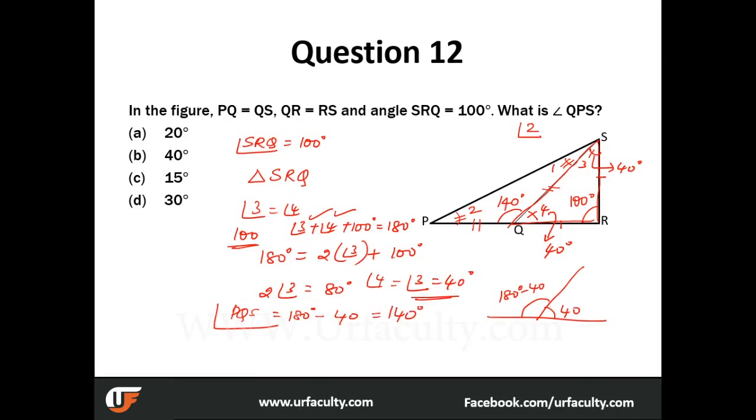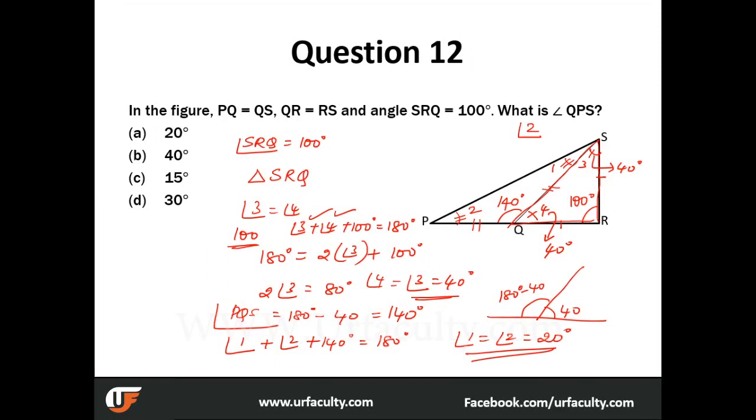If this is 140, we are left with angle 2 and angle 1. Both of them we know are equal. So angle 1 plus angle 2 plus 140 is equal to 180 degrees. Therefore, angle 1 equal to angle 2 is equal to 20 degrees.